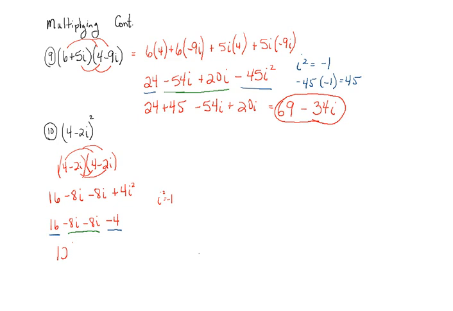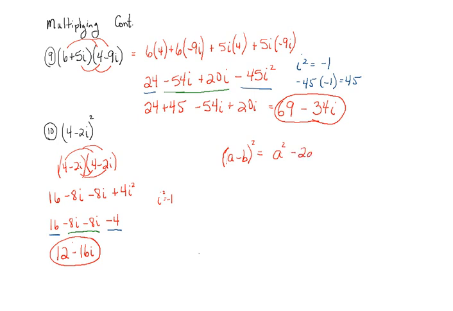So I'll have 4 squared minus 2 times 4 times 2i plus 2i squared. 4 squared is 16. 2 times 4 is 8, times 2 is 16.